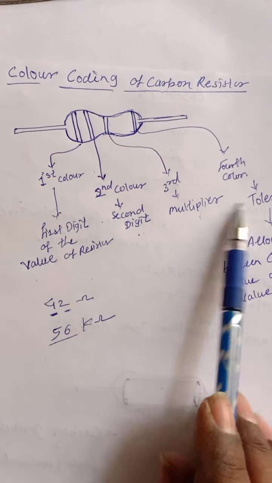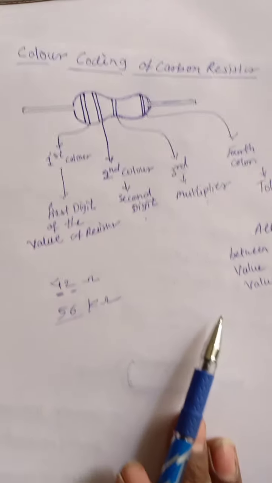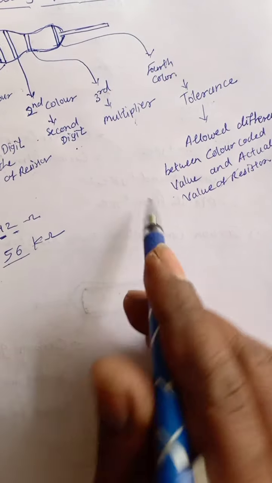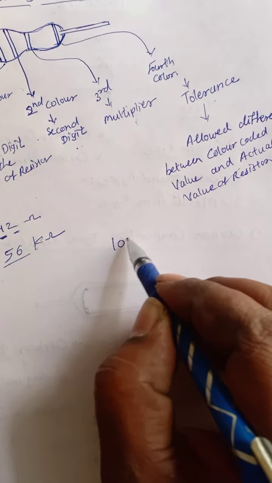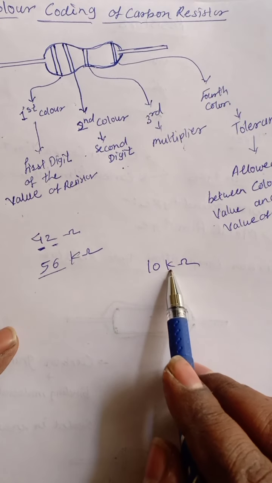Suppose the three color bands represent 10 kilo ohm, where k means 10 raised to 3.